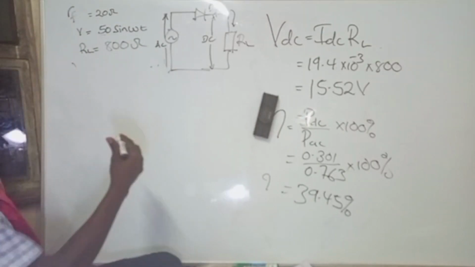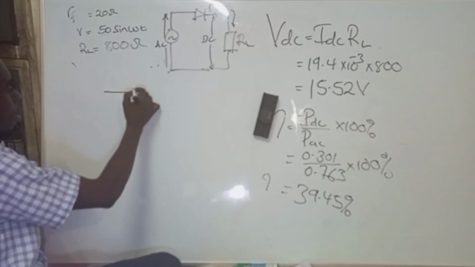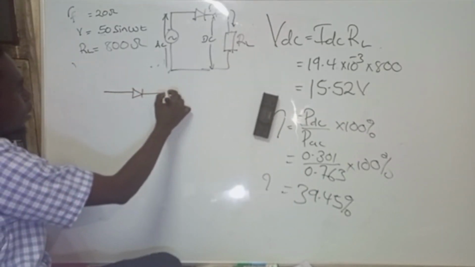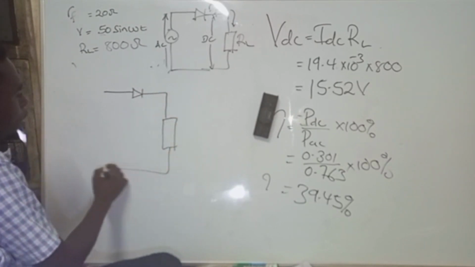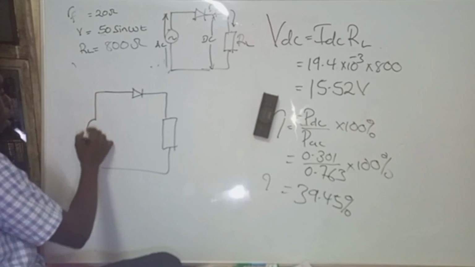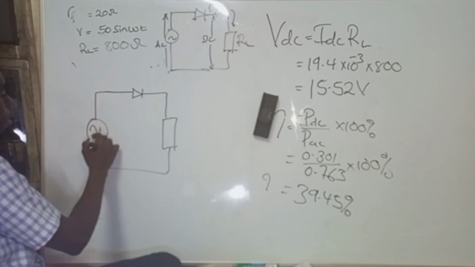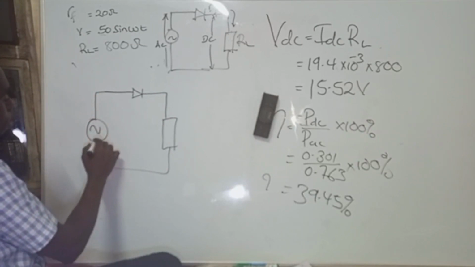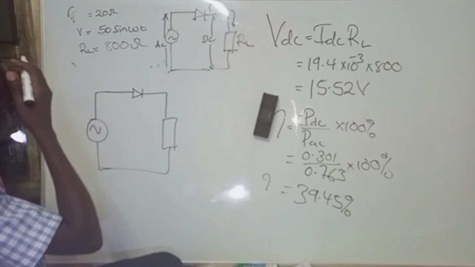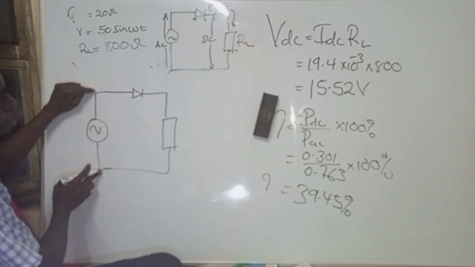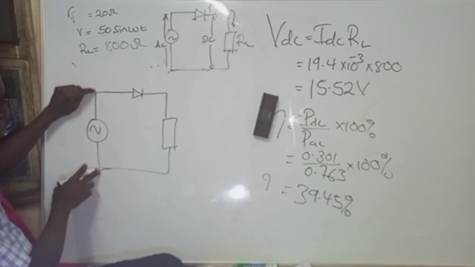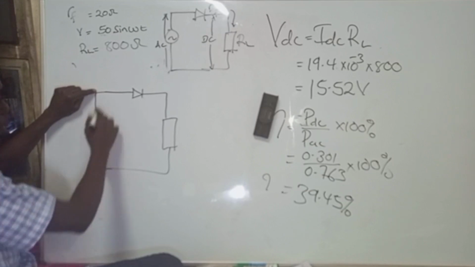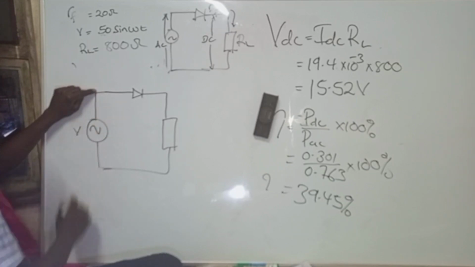So this is our circuit, and this is our AC input. The AC voltage is the voltage appearing across these two terminals, not so? Because this voltage here being applied is V AC.